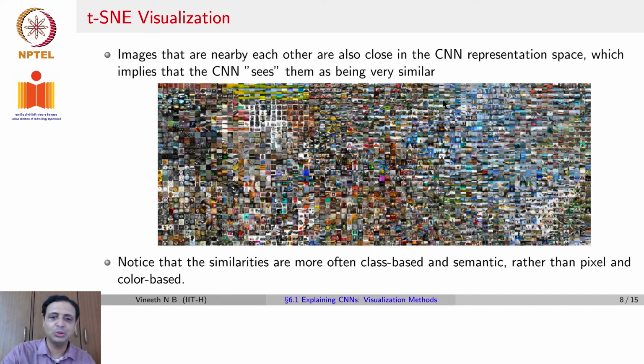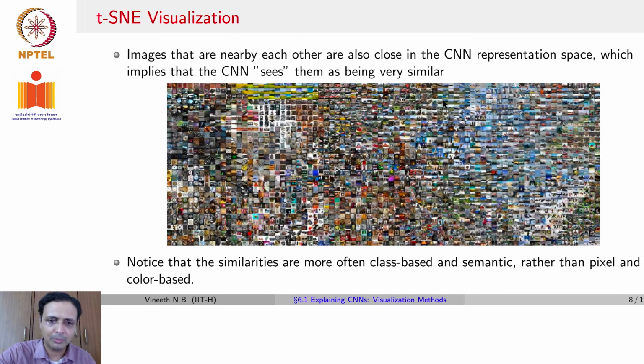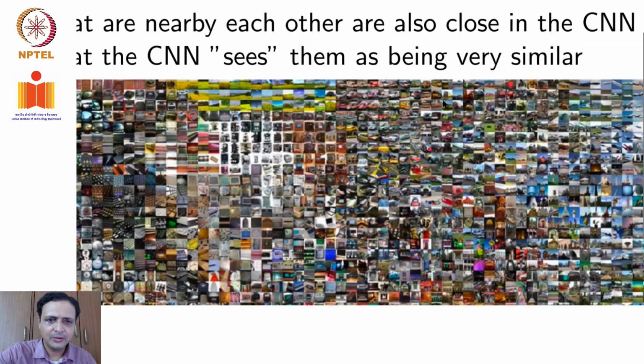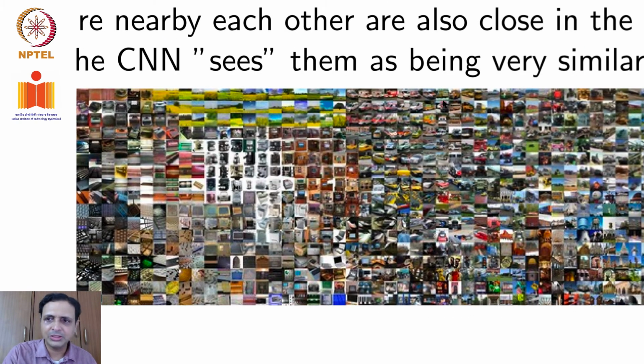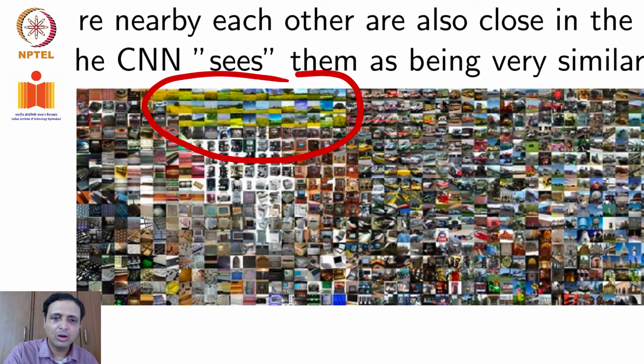So this is just a huge map, and if you had to look at one particular part of it, let's zoom into one particular part, you see that all the images corresponding to, say, a field seem to be coming together in this space of representations.